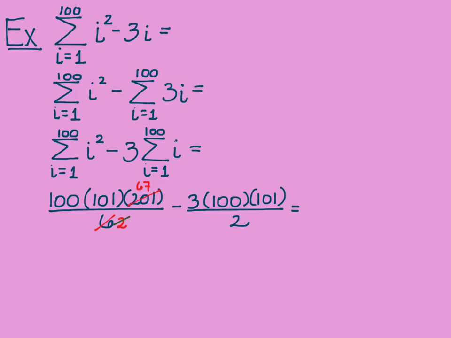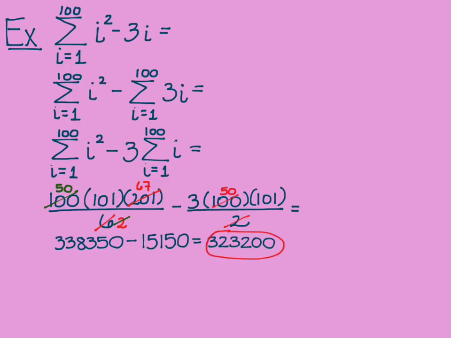Now we just have to simplify these, and I end up with 338,350 minus 15,150, which comes out to 323,200.